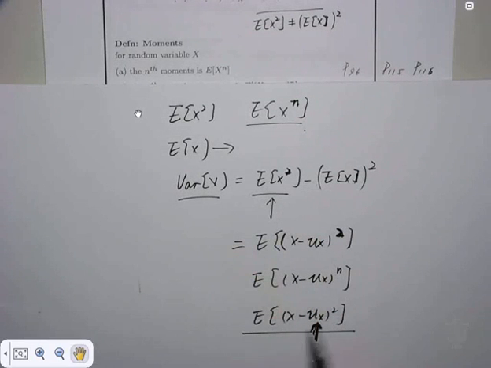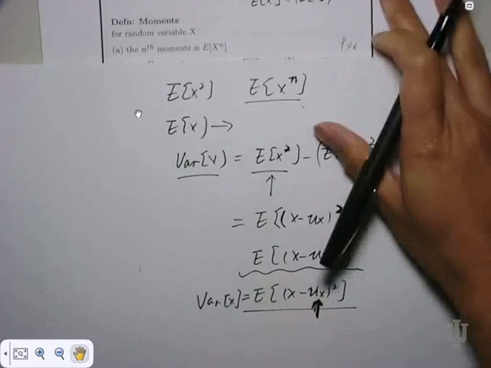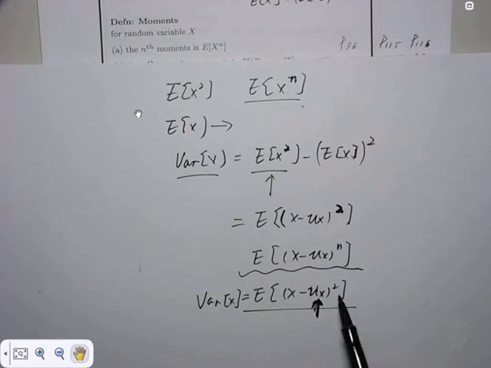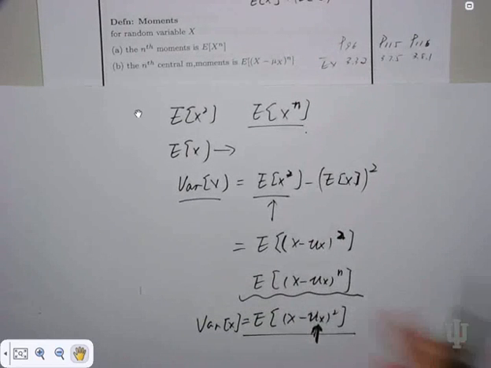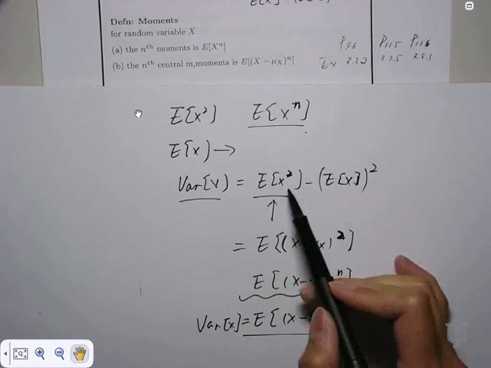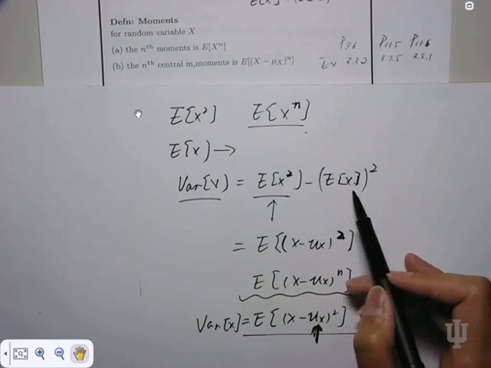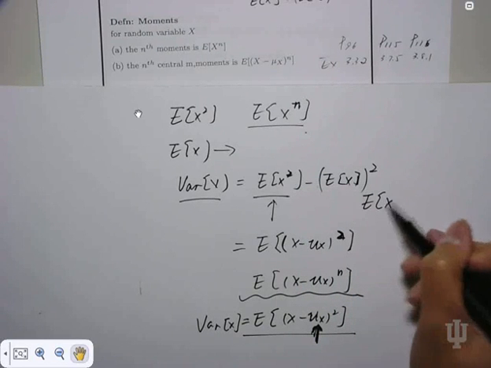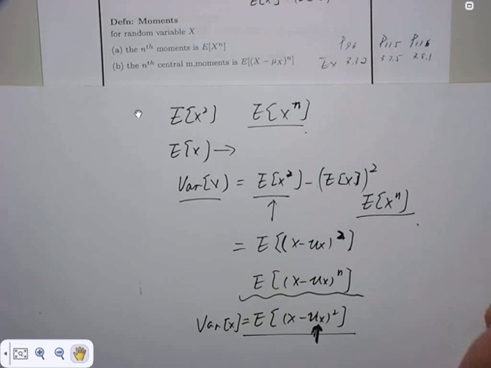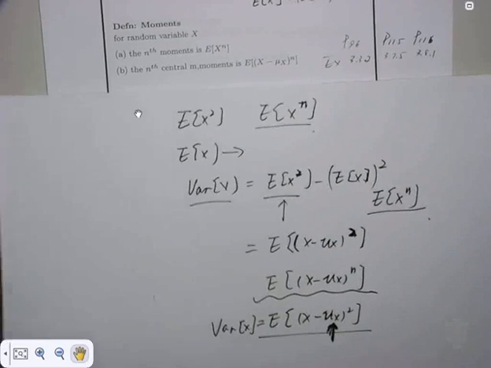So the variance of x is the second central moment of random variable x, and it is also the second moment of x minus the square of the first moment, right? Because this is the nth moment of x, and this is the nth central moment of x, okay?